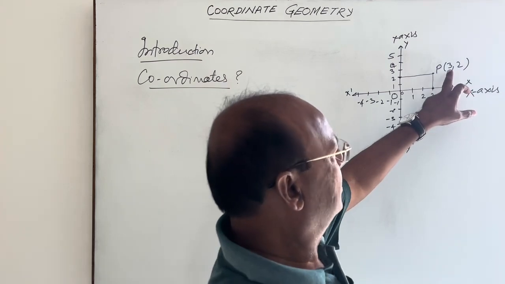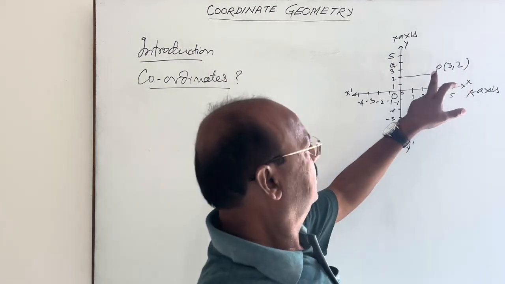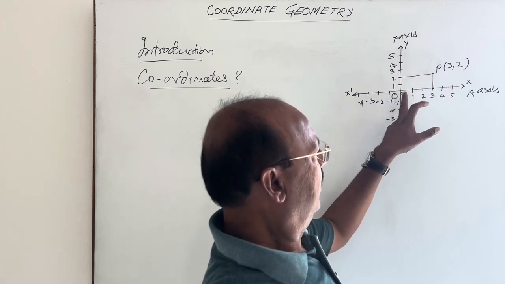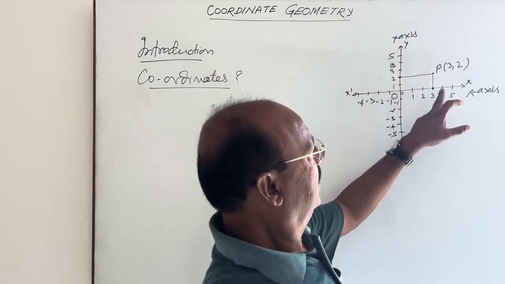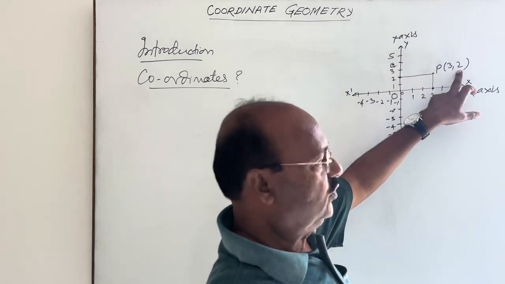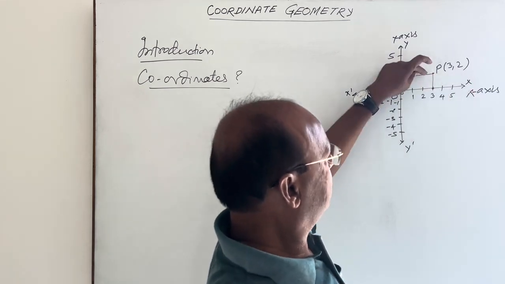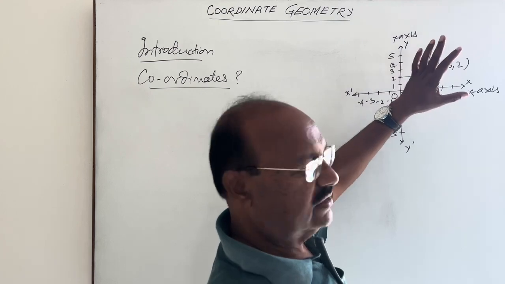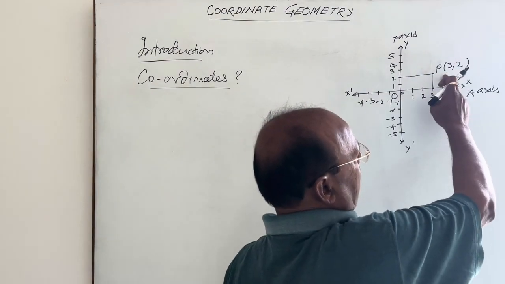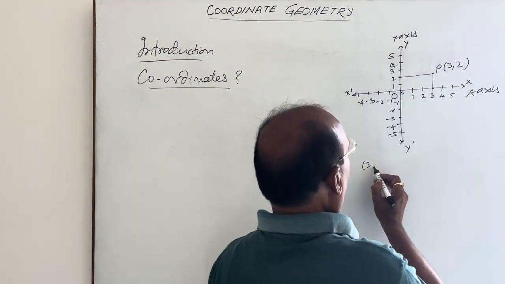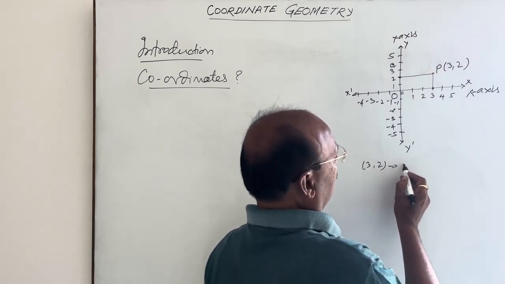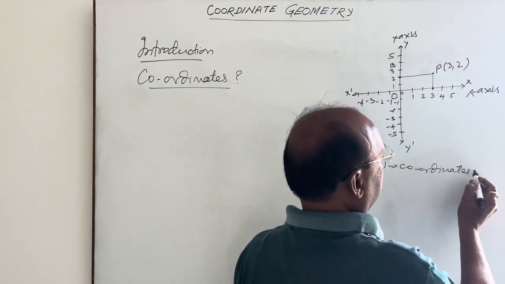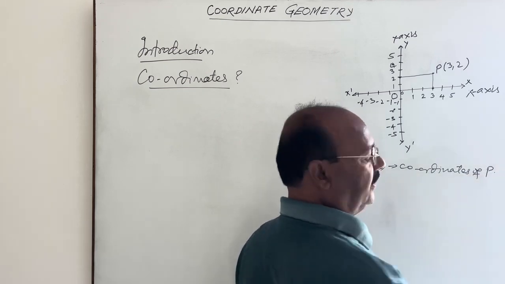The first value 3 indicates the distance of this point from origin along x-axis. And this second number 2 indicates the distance of this point from origin along y-axis. Here this ordered pair 3, 2 is known as coordinates of point P.